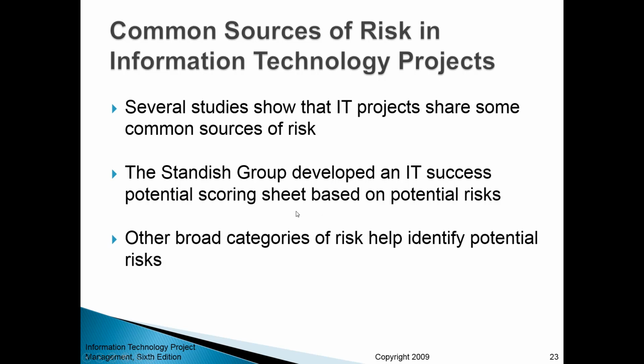They developed an IT success potential scoring sheet based on potential risk. In other words, they give you some success factors or considerations that are very important, with an importance calculated based on the number and severity of risks associated with each of those areas and categories. This framework by the Standish Group can help you start thinking about risk.